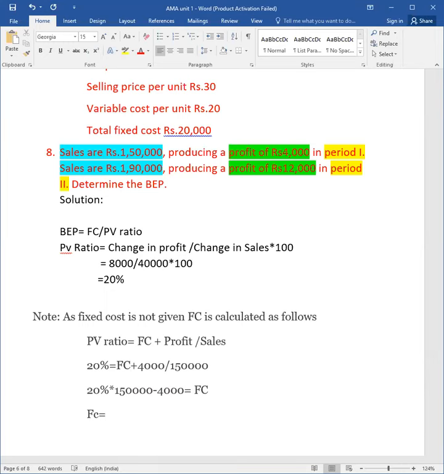How much? 30,000. 30,000 minus 4,000. I hope the calculation is correct. FC is equal to 26,000. So you got your fixed cost as 26,000 and your PV ratio is 20%.